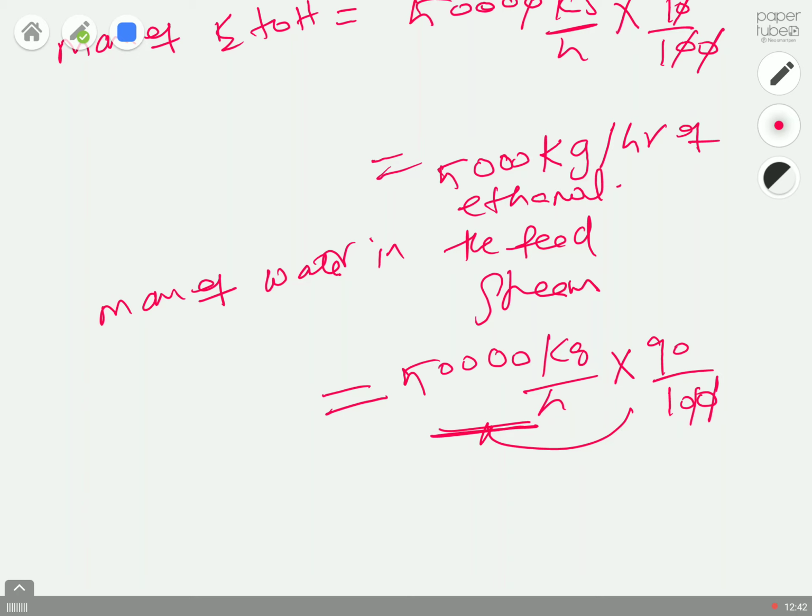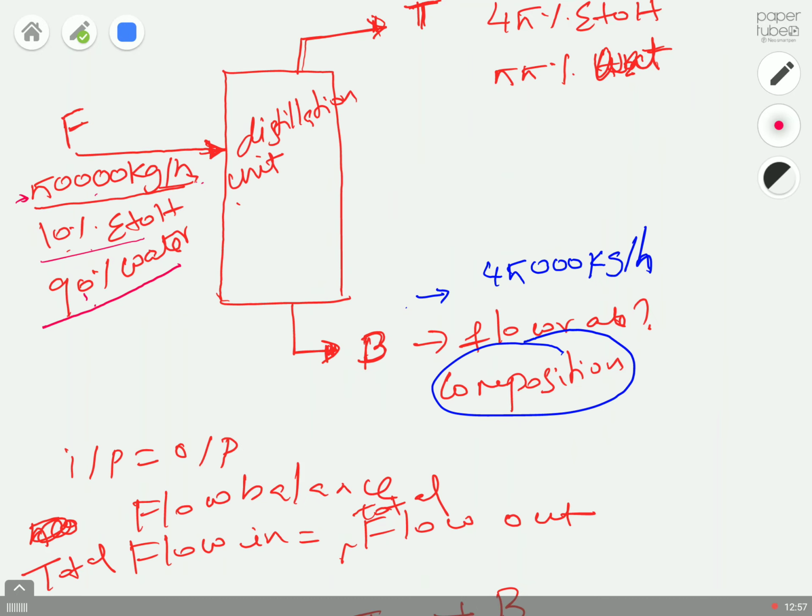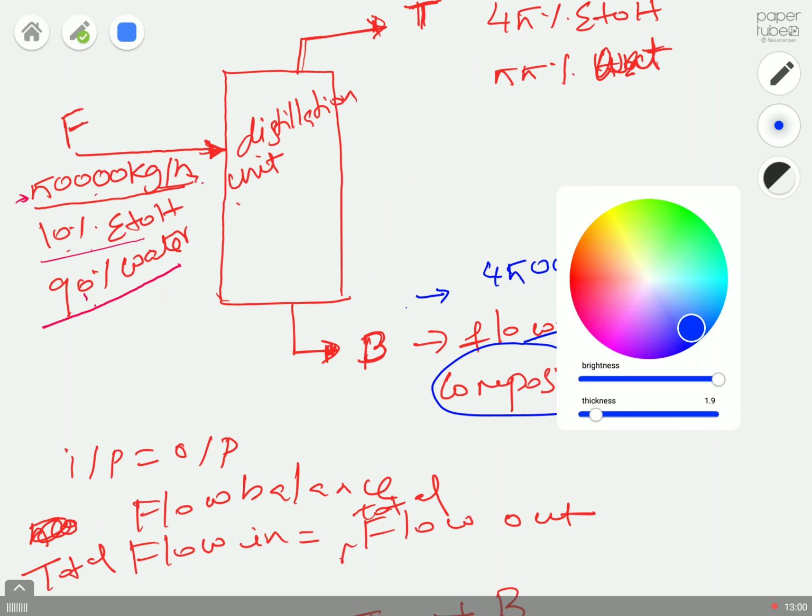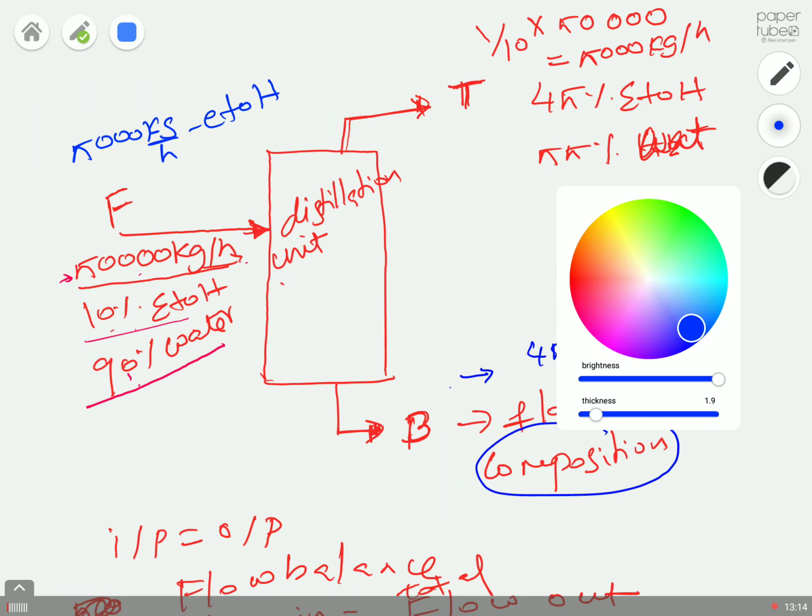The zeros cancel, 5 nines are 45, and three zeros, so 45,000 kilograms per hour of water goes in. We can write those values here. Let's change the color: whatever I'm writing in blue, those are the parameters we found. So 10% ethanol is equal to 5,000 kg per hour of ethanol, and 90% water is equal to 45,000 kg per hour of water.